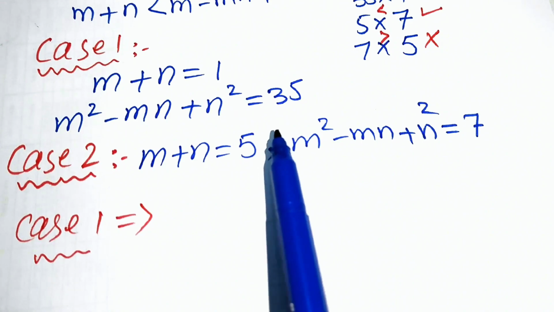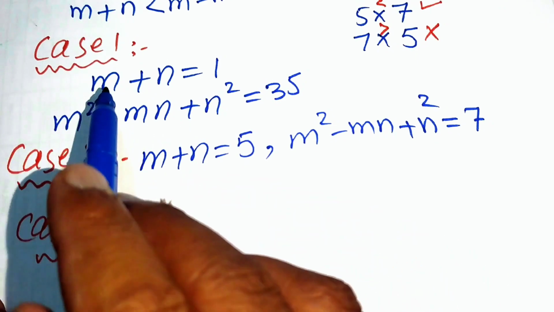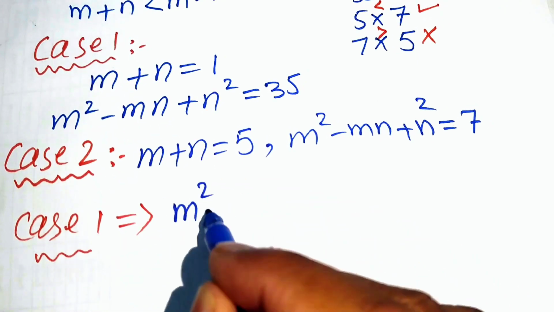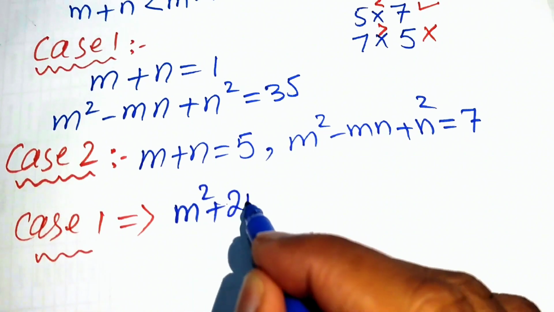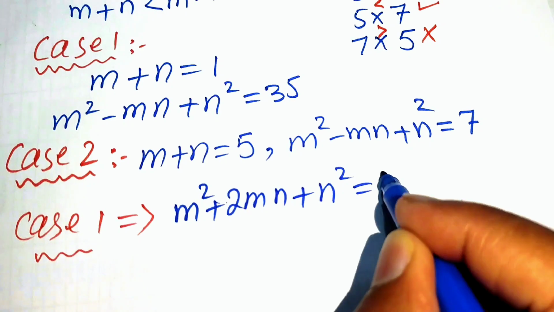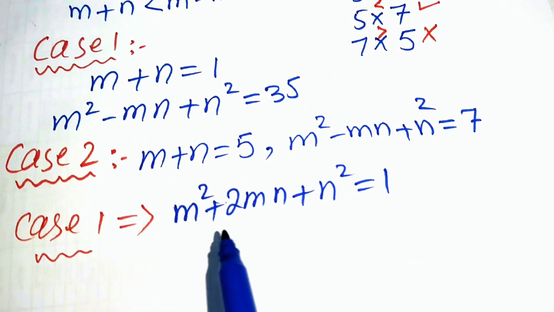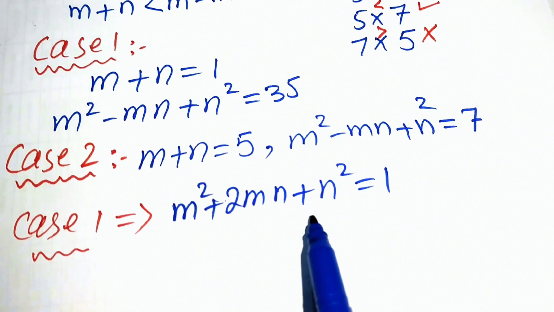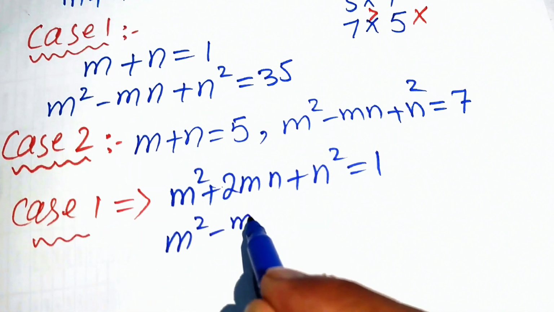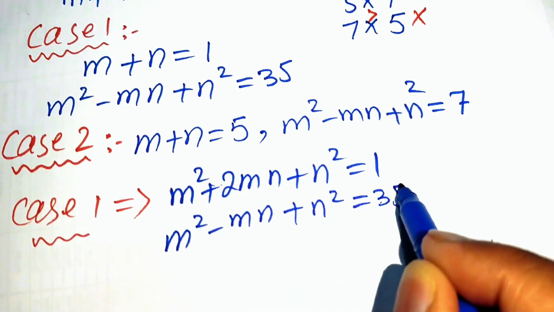Now we take the square of the first equation on both sides, and opening the square on the left hand side, you get m squared plus 2 times mn plus n squared equals 1. And we have the other equation, m squared minus mn plus n squared equals 35.